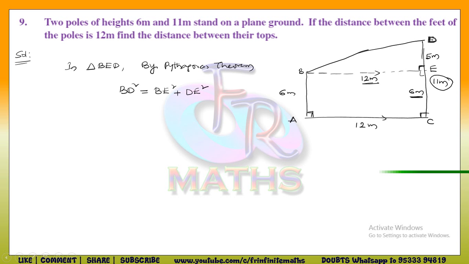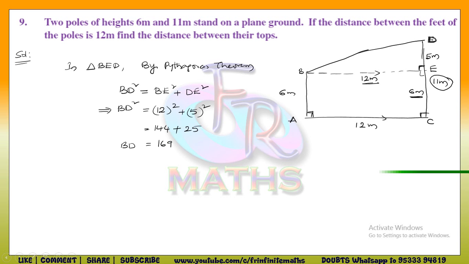Now directly substituting the values, BD square is equal to, what is BE? BE is 12. So 12 square plus DE is 5 square. So 12 square is 144 plus 5 square is 25. So 144 plus 25 is 169.